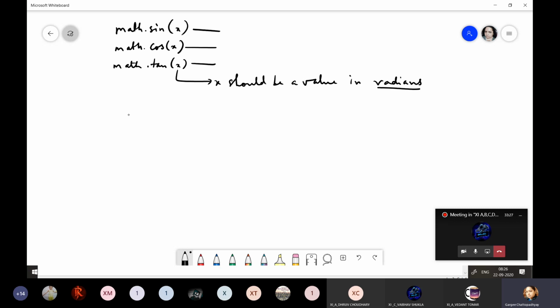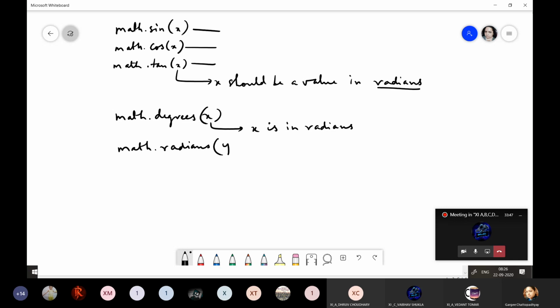So if you want to convert this value from radians into degrees, for that also you have a function, math.degrees(x), where x is in radians. And you have a function math.radians, which takes an argument y, where y is in degrees. Understood that?